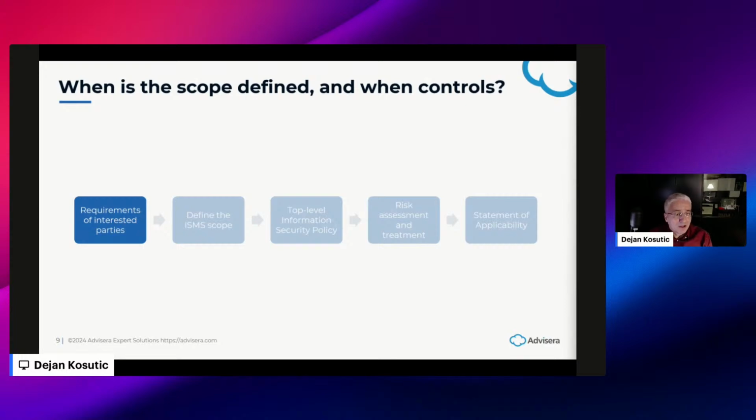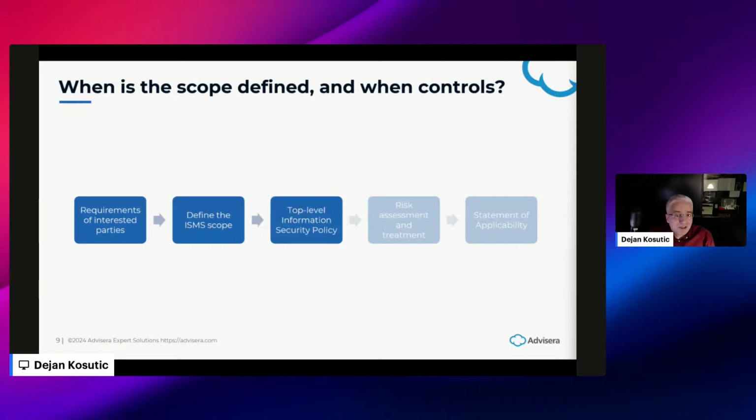You could have regulations like GDPR, which also influence which parts of the company you focus on. You might have clients which specifically ask you to implement the standard for a particular area of your company. So first you have to collect all of these inputs and then define to which parts of your company you want to implement ISO 27001.